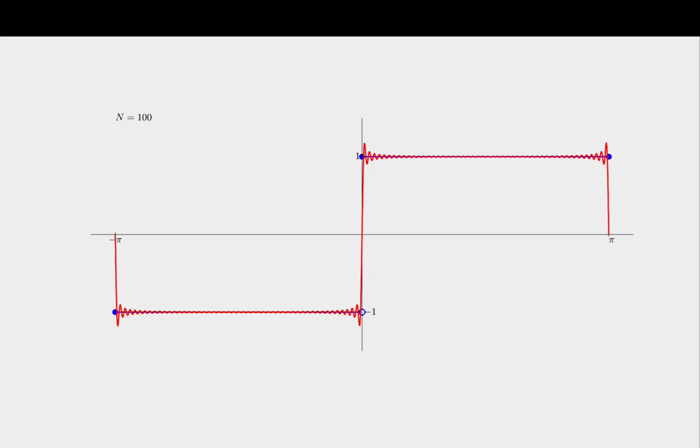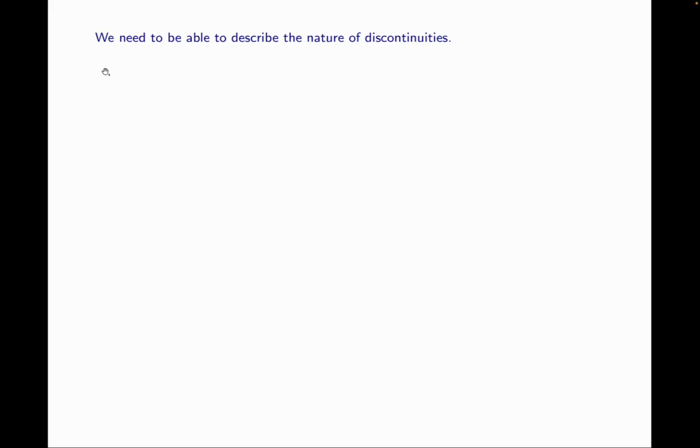We know we have mean convergence, and it appears that we have pointwise convergence everywhere except the break in the middle and at the endpoints. So we don't get pointwise convergence in our example at the discontinuities. So we need to be able to describe the nature of these discontinuities.